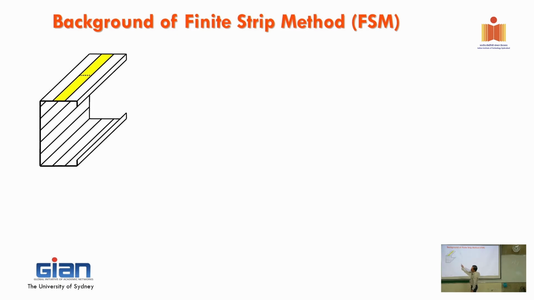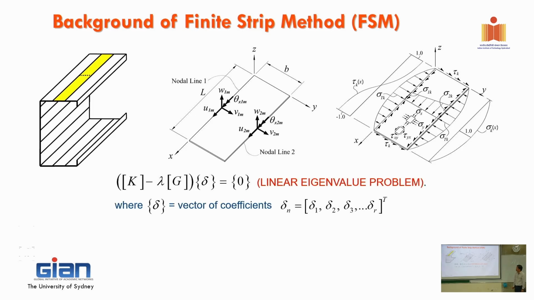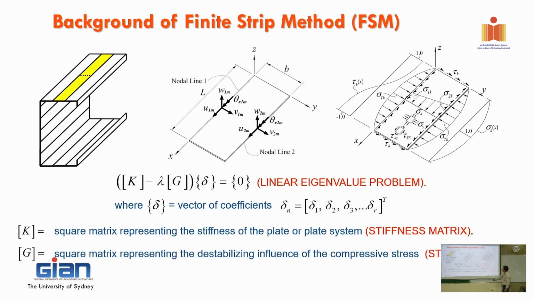Right, so this is a strip that we cut out. And now I can show you this is all the finite strip theory. This is nodal line 1 and nodal line 2. And this is all the degrees of freedom. And this is all the displacement function. That's what we use in finite strip. And then we developed the theory behind that, where you have the eigenvalue routine.